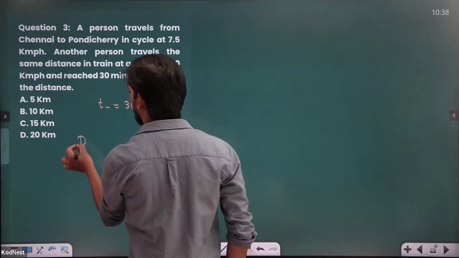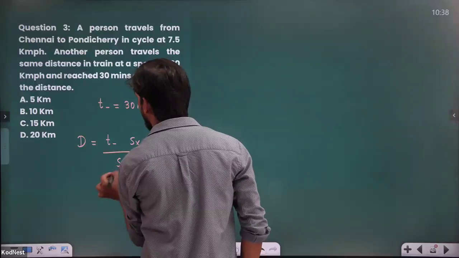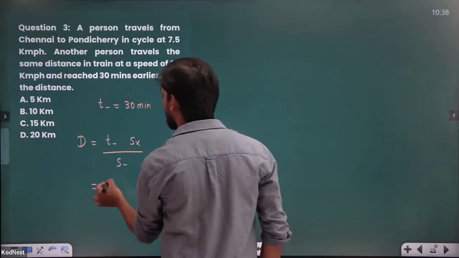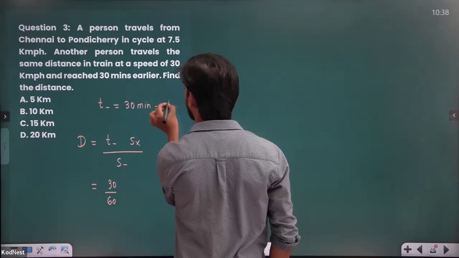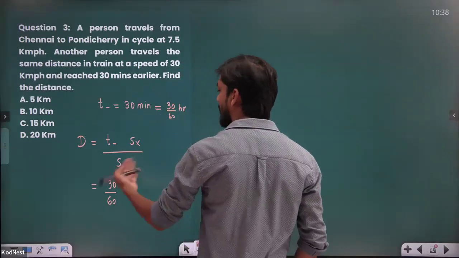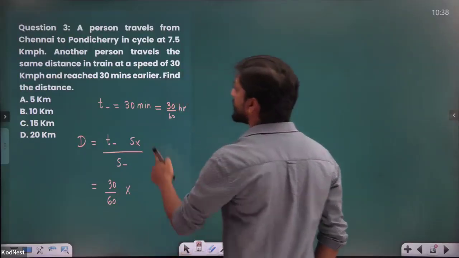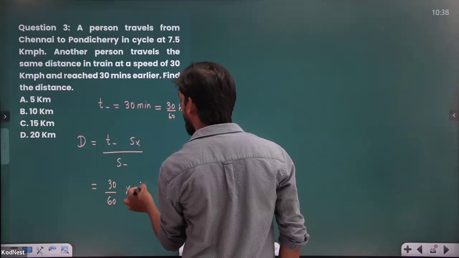Okay, so D equals T minus into S into S minus divided by S difference. Time difference is 30 minutes, but don't write 30, write 30 by 60 hours. You can write half also if you want. One person's speed is 7.5. Don't write 7.5, write 15 by 2.